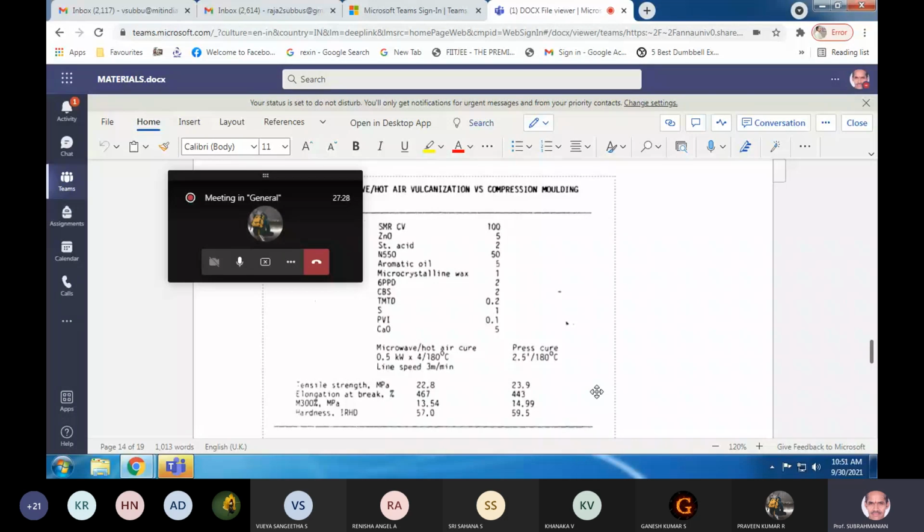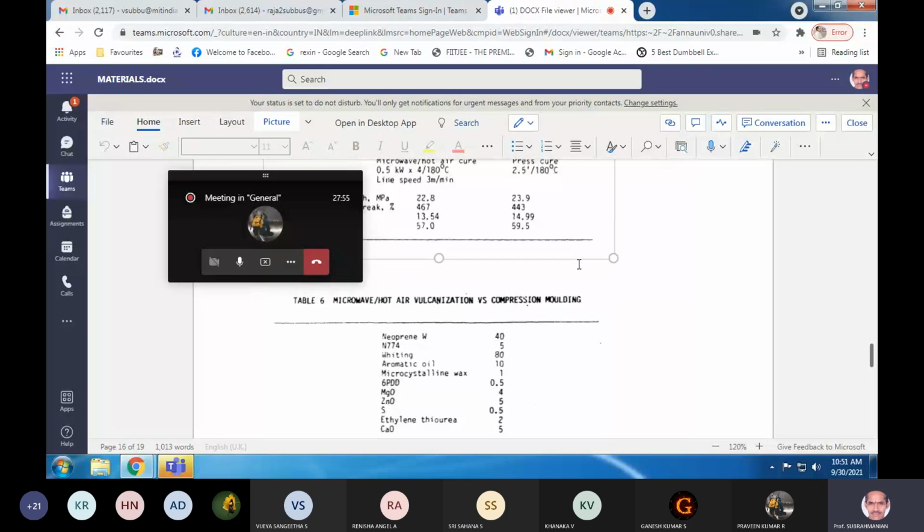Accelerator is 2 parts. CBS is a sulfonamide, and this is the most sought after sulfonamide until recently. CBS is now replaced by TBBS. Make a note. CBS replaced by TBBS.